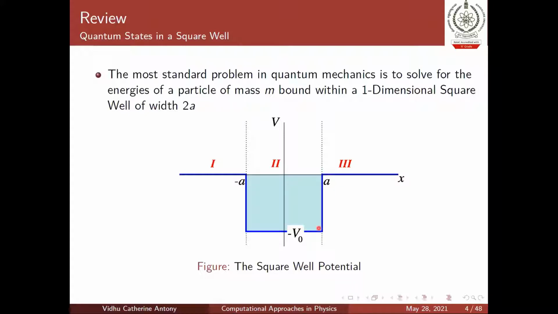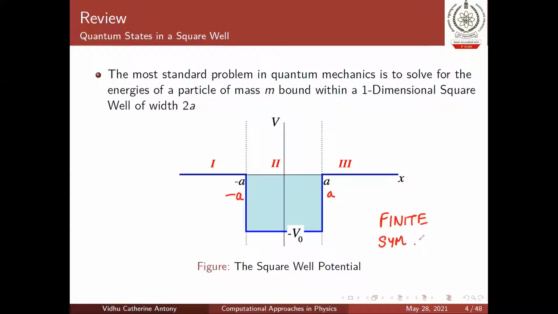If V is infinity, then it would be an infinite potential well. Other than that, if I tell you that the depth of the potential is V naught in particular, this is finite. Now, minus a and a, you have it on both sides of your y-axis, or the potential axis. Therefore, you have symmetric.